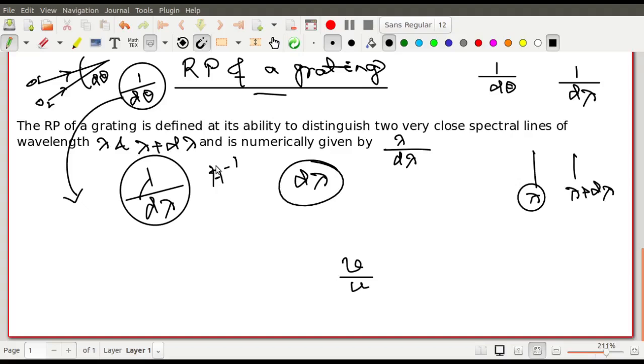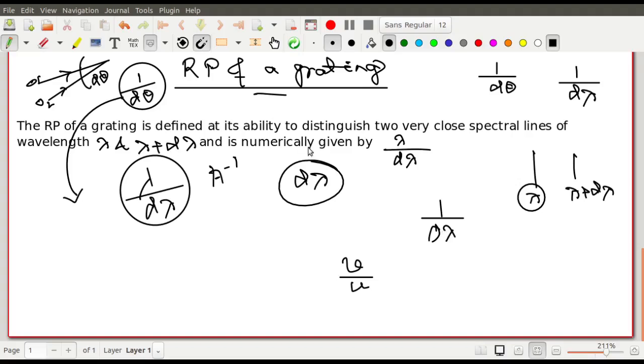And now, according to human perception, since d lambda is smaller, 1 by d lambda will be greater. So greater the value, greater is the resolution. In order to get at par with our standard definition of power, the more the power, the better is the resolution.